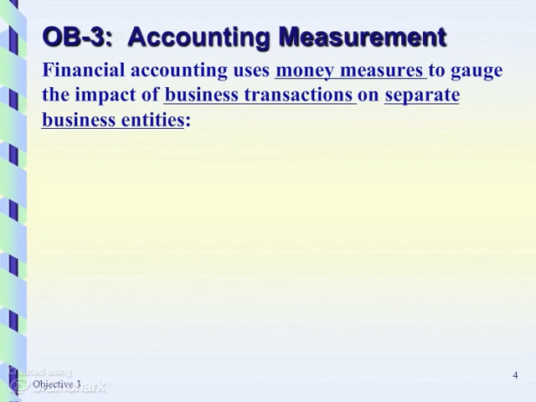Businesses do actually barter, where they exchange services for other services or goods for services. However, when we look at accounting from a measurement standpoint, we have to use a money measure of exchange. Even if there is a barter arrangement, we have to translate that into some sort of financial money measure in order to report it for financial accounting purposes.